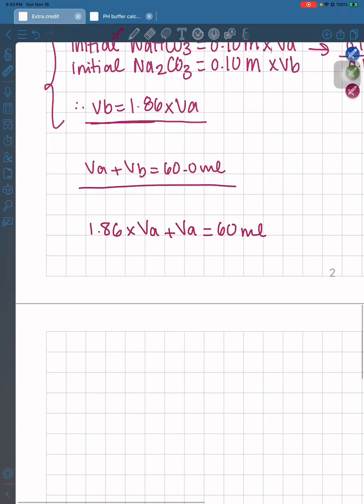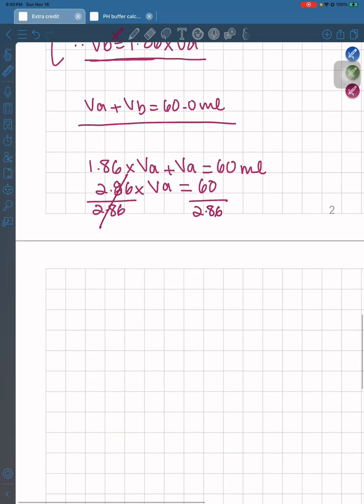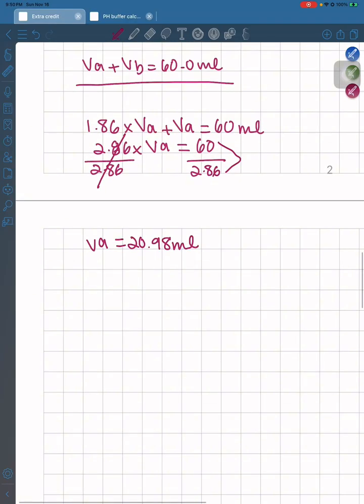And from here we have 2.86 times VA, that's equal to 60, divided by 2.86, divided by 2.86. This crosses out, and we are left with VA is equal to this divided by that, which is 20.98 milliliters.